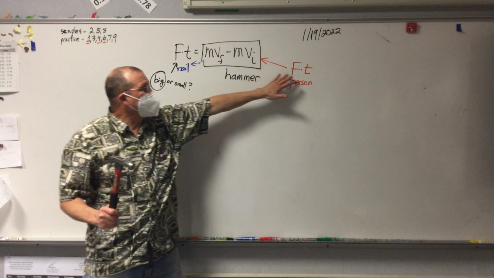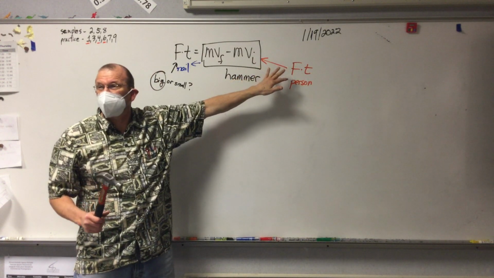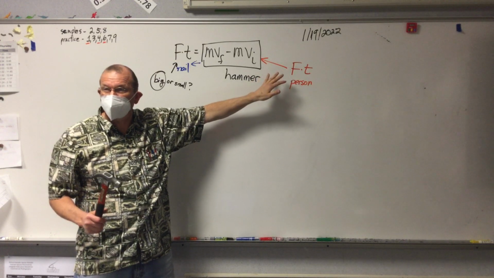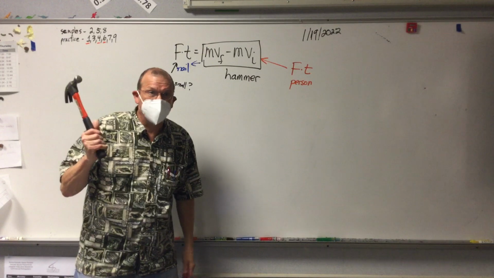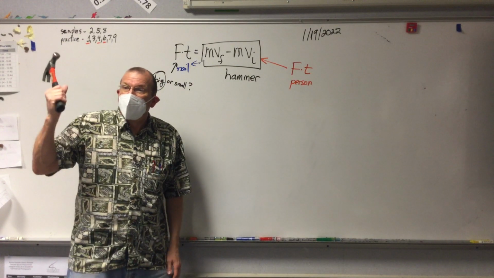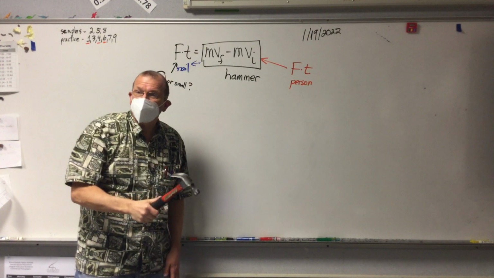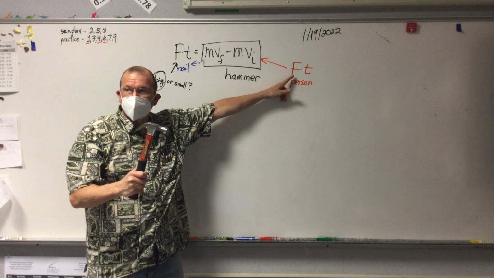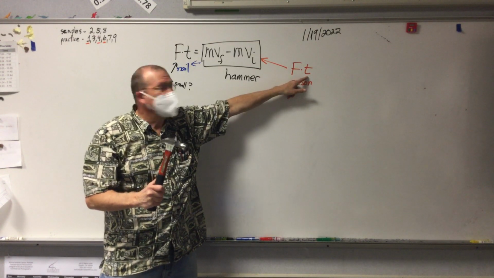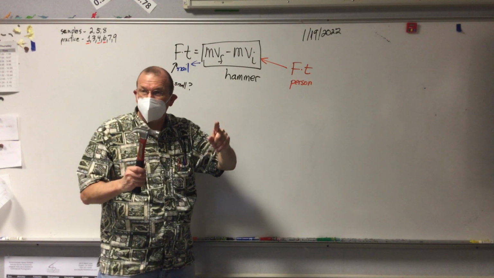Now, when we talk about this here, this is like the follow-through concept that we talked about earlier. If I was a perfect hammerer, I would want to bring this through a long stroke because that would allow me to apply a lot of force for a lot of time, which would make my impulse on the hammer big.